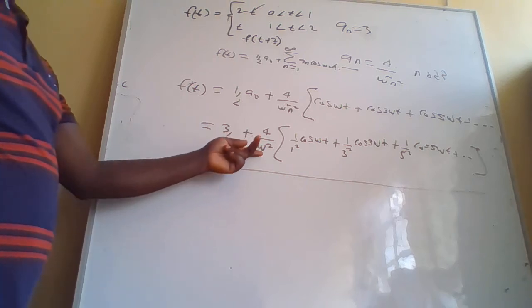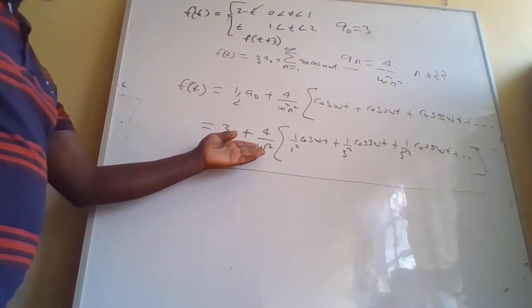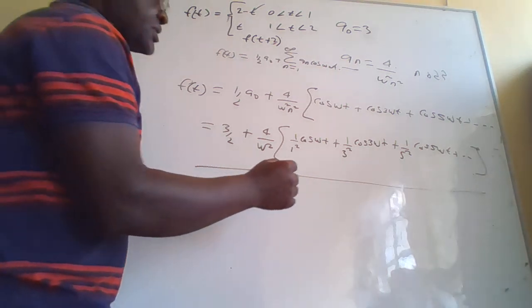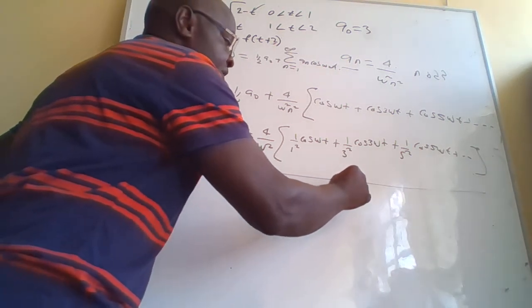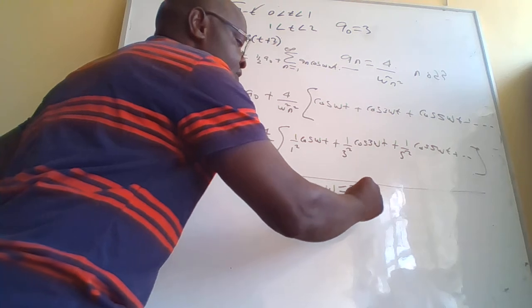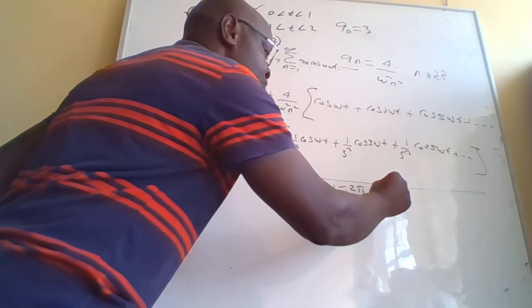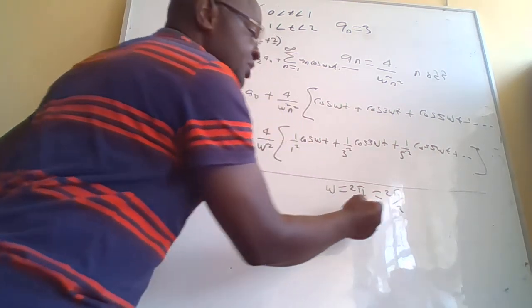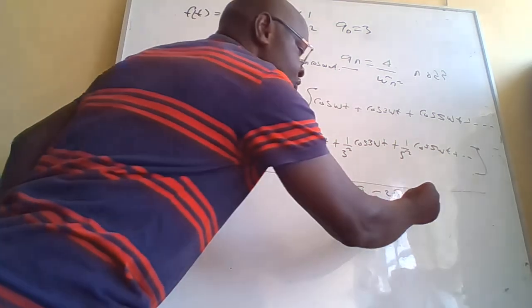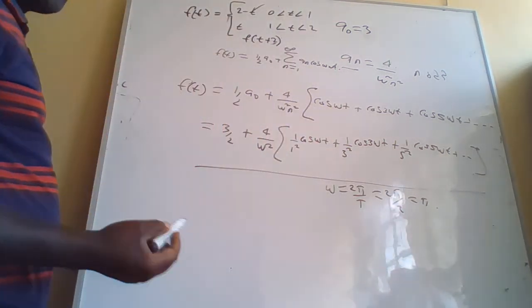Remember, we can leave it in omega, or if we want to use pi, remember we say that omega equals 2 pi over T, which equals 2 pi over 2. Remember, T was 2, which equals pi. So omega equals pi.